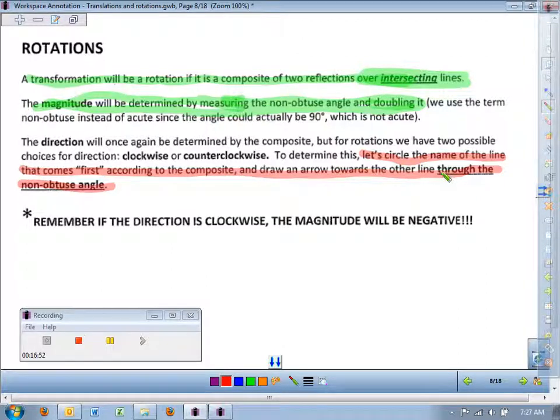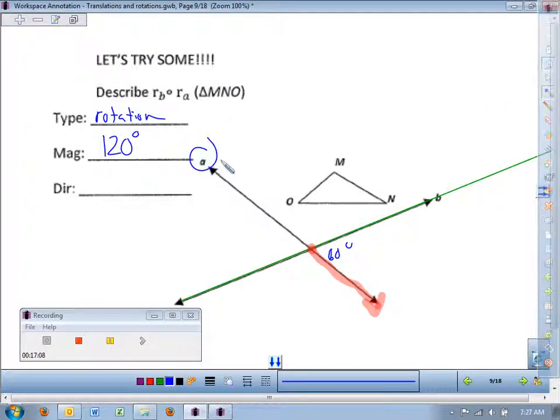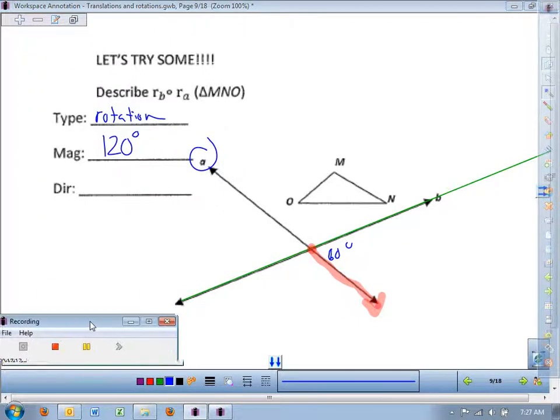So it says circle the name of the line that comes first, so let's go do that. According to the composite, B is following A, right? If B is following A, which one comes first? A does, so circle the name of the line that comes first. Then it said draw an arrow towards the other line through the non-obtuse angle.